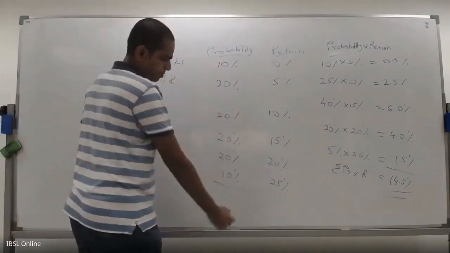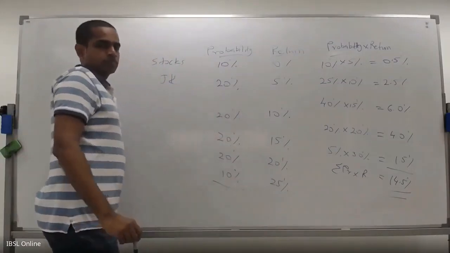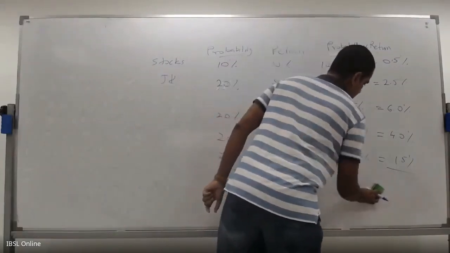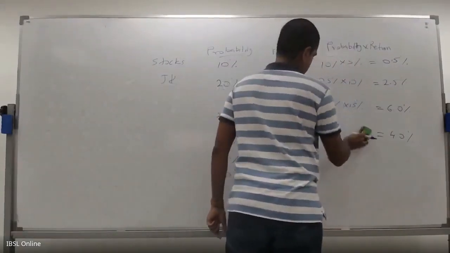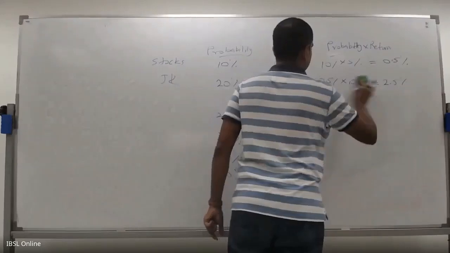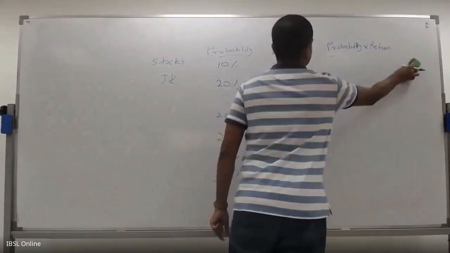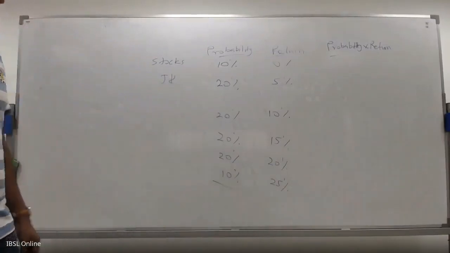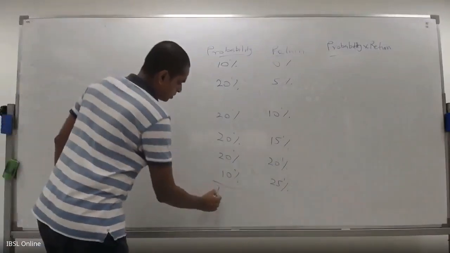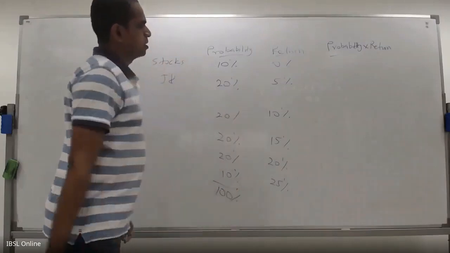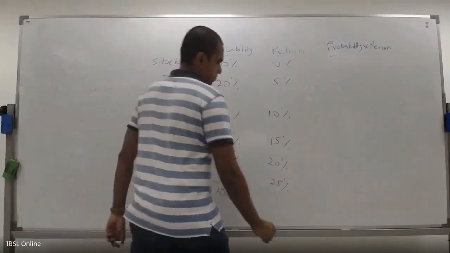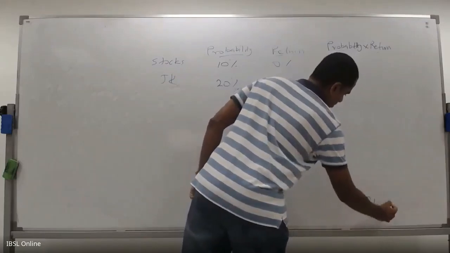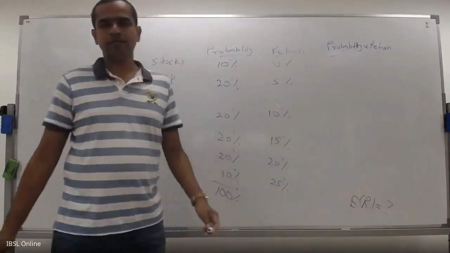Add up all the probabilities. How much do you get? How much should you get if you add up all the probabilities? You should get 100%. Yes, it should be 100%. Right. Now, what is your expected return? How much? Can you calculate?